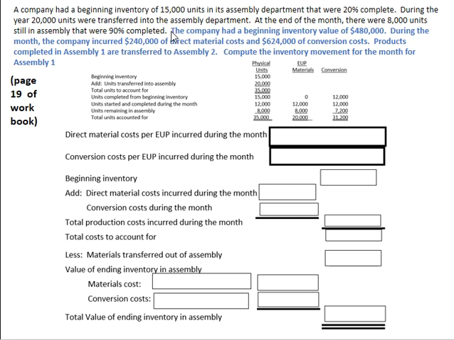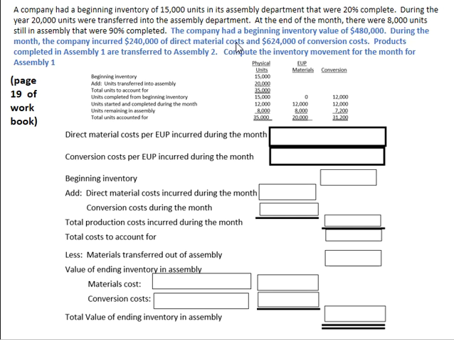And this talks about the cost flow within the department. The only thing we've talked about so far has been equivalent units of production. Now we're going to talk about cost flow into the department, the process. And here it says the company had a beginning inventory value of $480,000. During the month, the company incurred $240,000 of direct material cost.